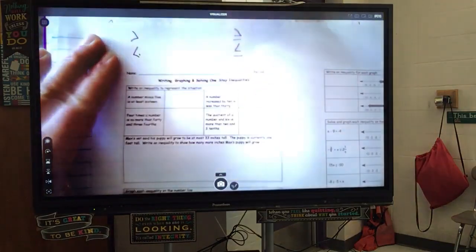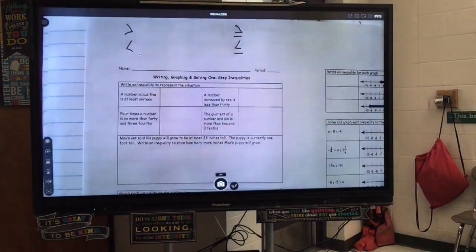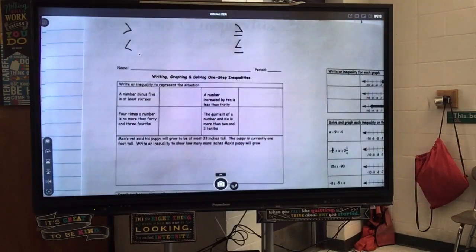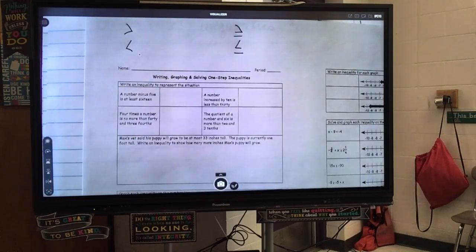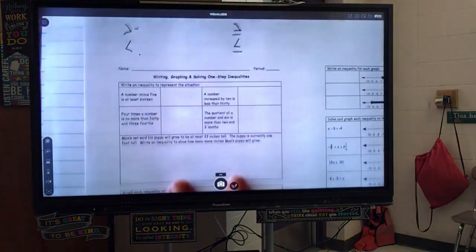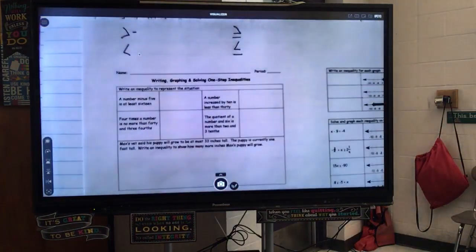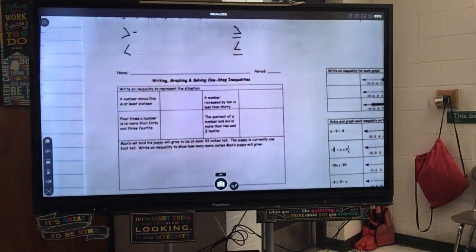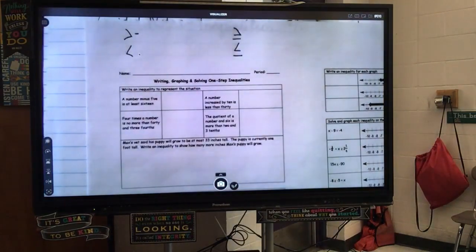All right, so please draw those symbols across the top of your page. All right, so the first one. What is that symbol? Greater than or less than?